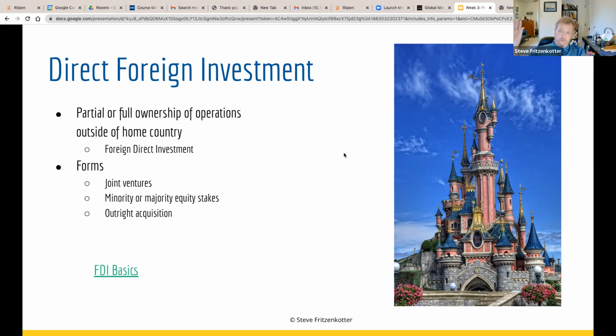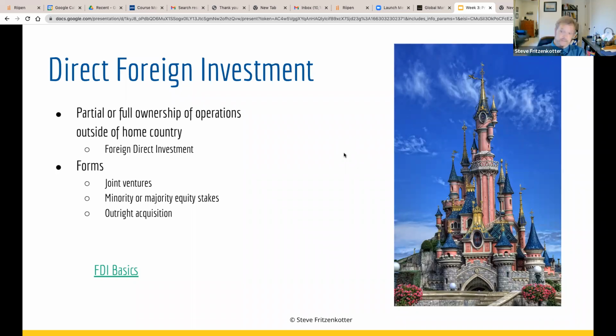So this is a solely owned US company, but France gets some advantages for Disney to be there. One is they hire their citizens, so they have jobs. They also pay a lot of tax to France to be operating there.